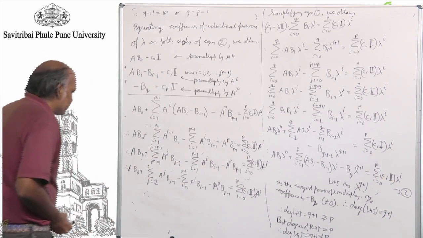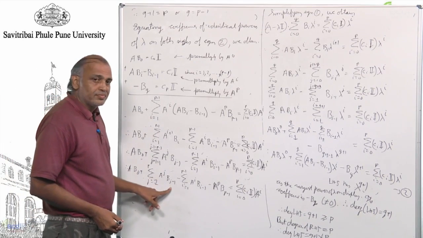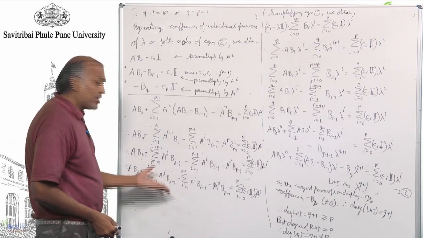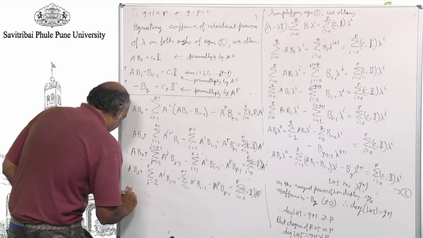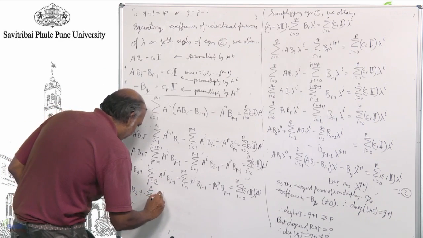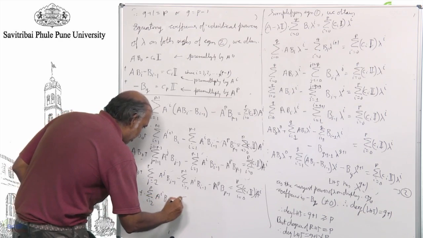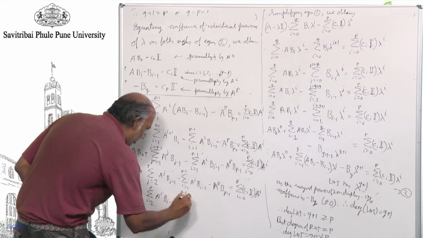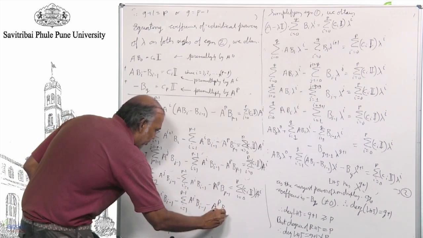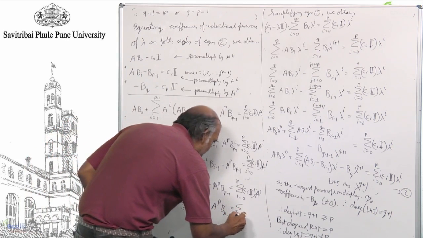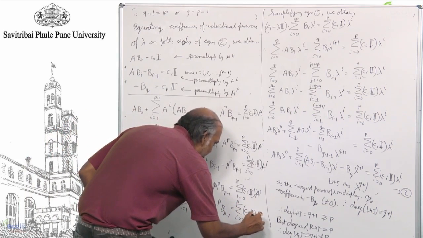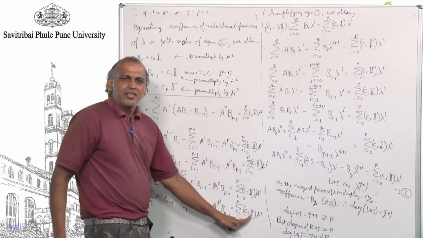I look at this. This is J. I could call this J, or both of them as K, or things like that. Let me call this I. So instead of J, I have this I: sigma over I equal to 2 to P of A^I B_{I-1}, minus sigma over I equal to 1 to P minus 1 of A^I B_{I-1}, minus A to the power P B_{P-1}, is equal to sigma over I equal to 0 to P of C_I times identity into A to the power I. Actually, you need not write this identity.